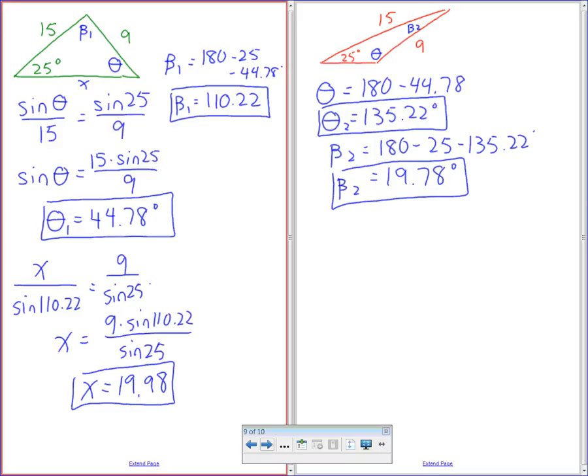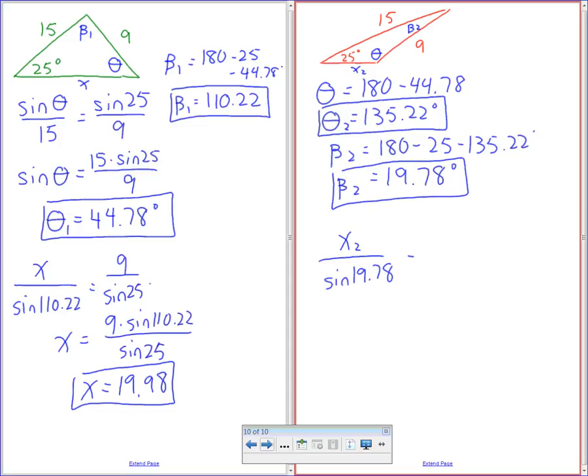Nicole, how do I solve for x2 over here, please? Let me help here. How do you solve for x2? Yeah. So x2 all over sine 19.78 equals, I do the same thing, 9 over sine 25.